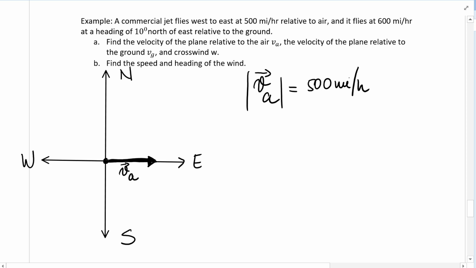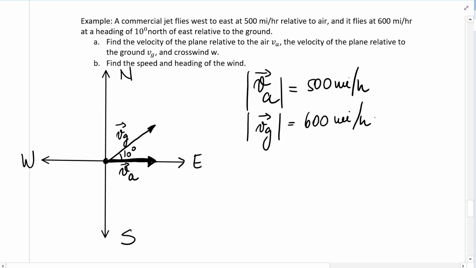So this is VA. And it flies at 600 miles per hour at a heading of 10 degrees north of east. So this is east, and it goes 10 degrees up. This is 10 degrees. This is relative to the ground, so VG. The magnitude of VG is 600 miles per hour.